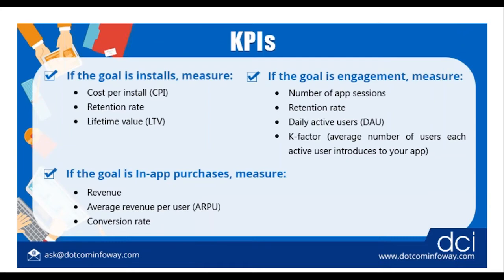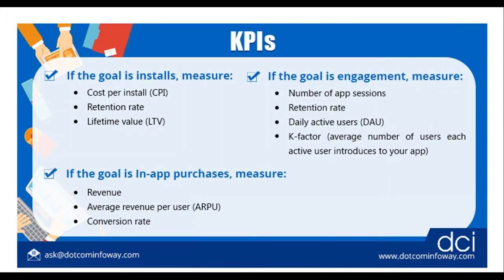If you're going to have installs as your goal, what you need to measure is cost per install, retention ratio, and lifetime value of your customer. And if your goal is engagement, you need to measure the number of app sessions, retention rate, daily active users, and the K factor, the average number of users each active user introduces to your application.